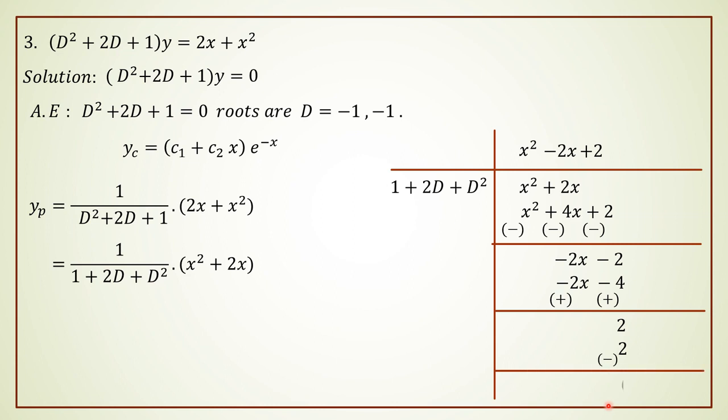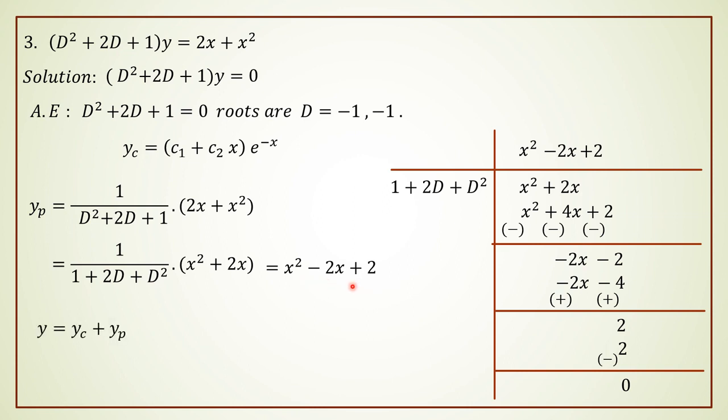Change the sign so that the remainder over here is 0. Then the particular integral of the given differential equation over here is x square minus 2x plus 2. Okay. The particular integral is the quotient over here, that is x square minus 2x plus 2.